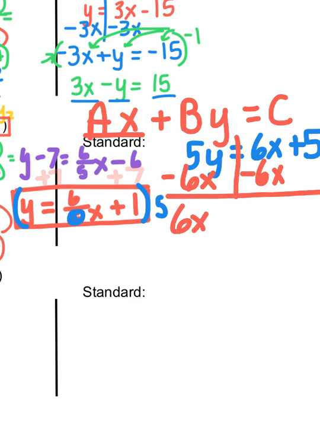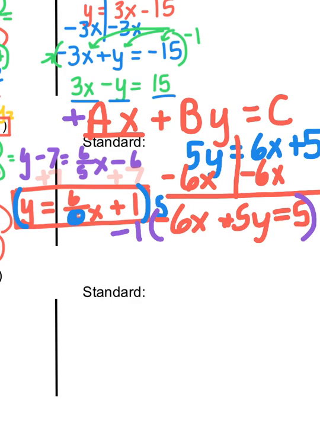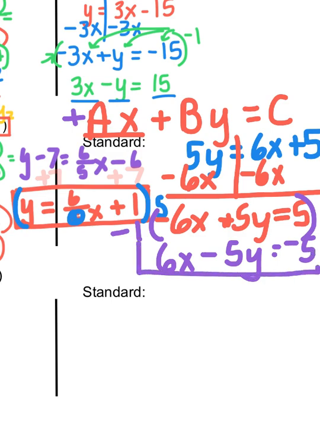Now we have negative 6x plus 5y equals 5. However, we want our ax to be positive, so we'll multiply each term by negative 1 because we want this 6 to be a positive 6. The opposite of positive 5 is negative 5, and again, this is standard form.